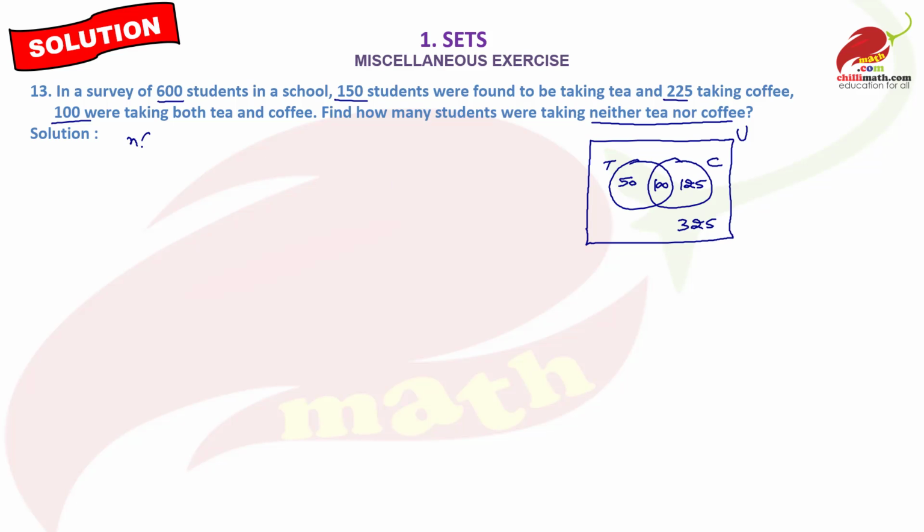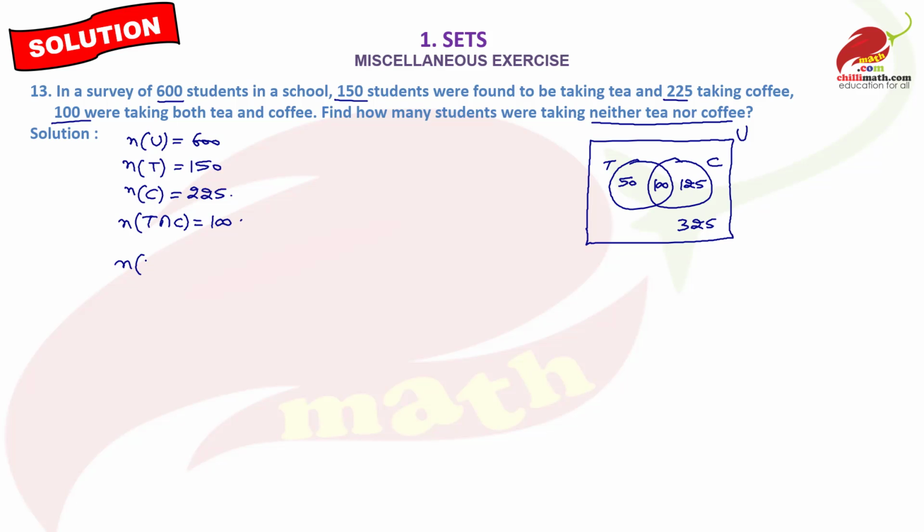Otherwise you can use it like number of students total are 600, number of students like tea are 150, and number of students like coffee are 225, and those who like both, they are 100.